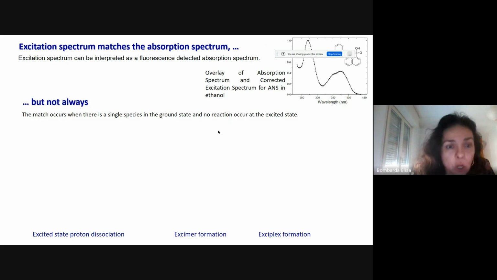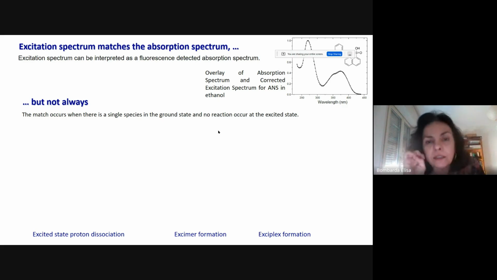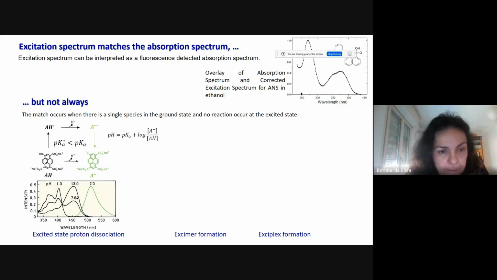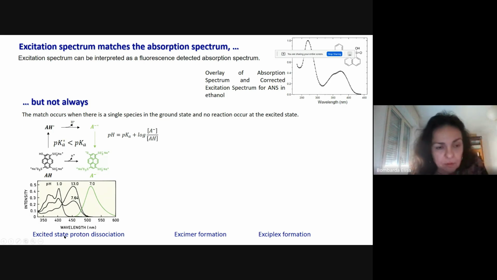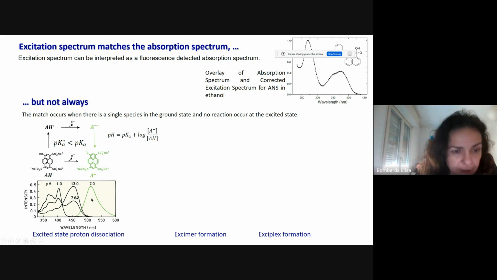The match occurs only when there is a single species in the ground state and no reaction occurs in the excited state. Then we have a match, like is represented here between the points and the line: full match between excitation and absorption. Let's see an example where it doesn't happen, for example when we have excited state proton dissociation.